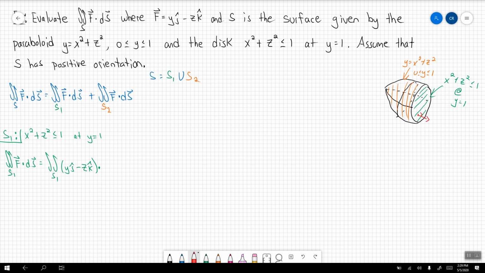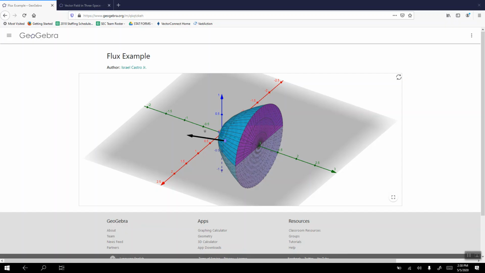Now, which vector does that? I'll go back to GeoGebra to show you a little bit more cleanly. All right, here we are in GeoGebra. So which vector is normal to this purple surface here? Notice it's very straightforward. It's the j component. The unit basis vector j is the vector that is normal to this purple surface.